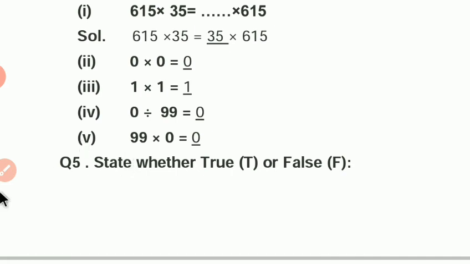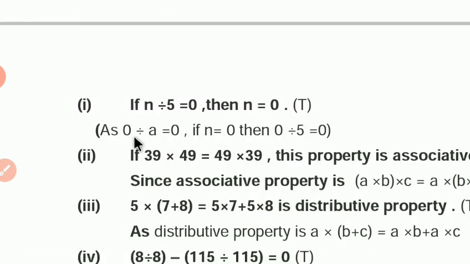Now the last question of our exercise 2.5 and chapter 2 is state whether true or false. If n divided by 5 is equal to 0, then is n equal to 0 or not? So let us see that. Then n is equal to 0. First we know that if we divide 0 by any whole number, the answer is 0.